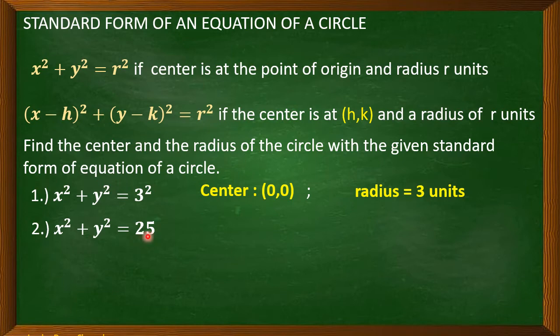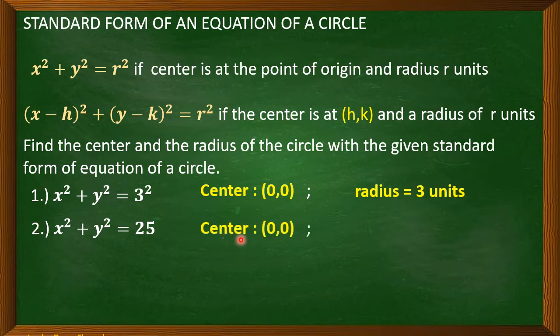If you have observed, the right side of the equation is not in exponential form. Still, we have our center at (0, 0) because the equation is following the first standard form of an equation of a circle.